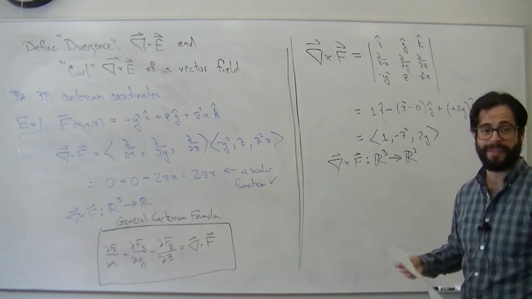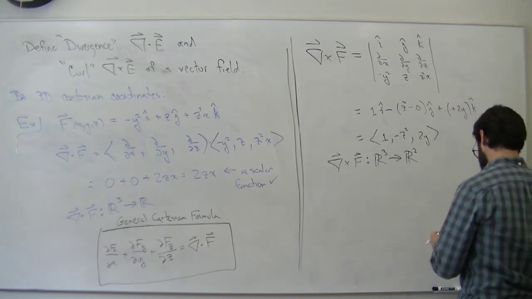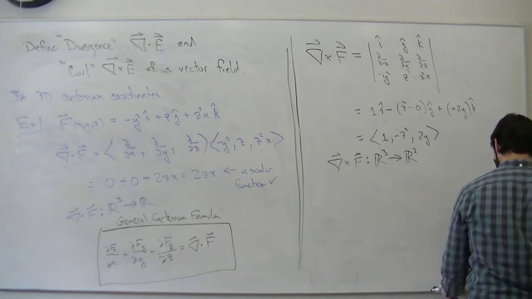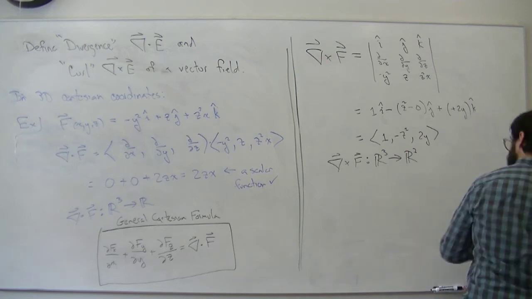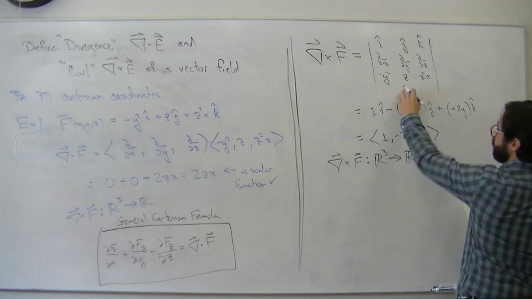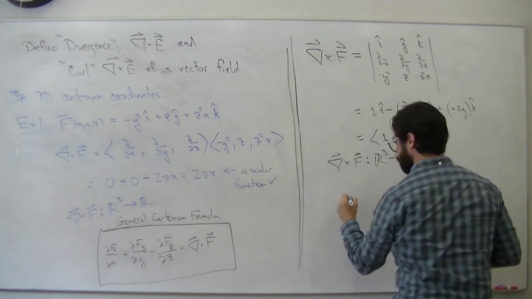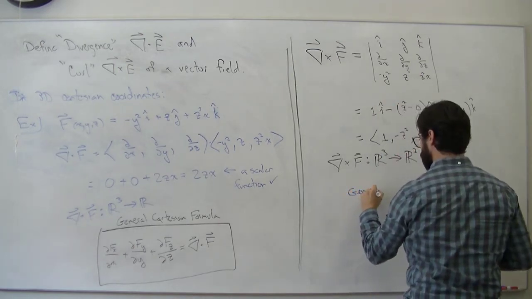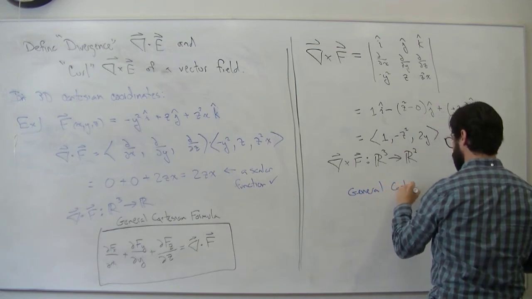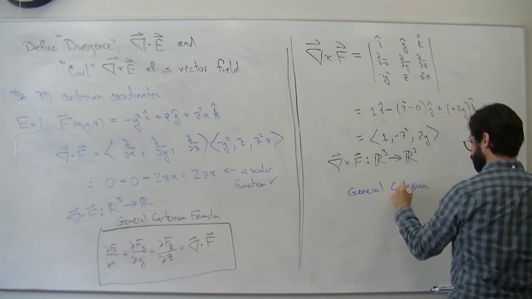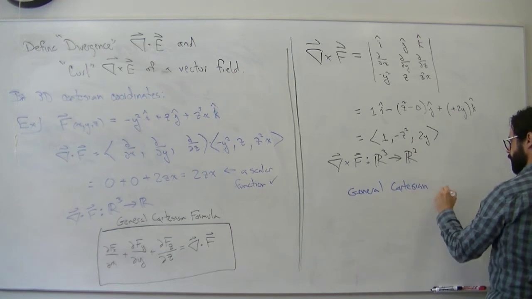Could you do it in 5D or 7D or something like that? Turns out to be kind of an interesting question. But what we have by looking at this is the general Cartesian formula, in Cartesian or rectangular coordinates.